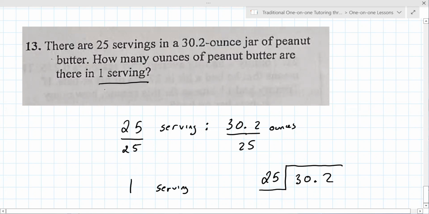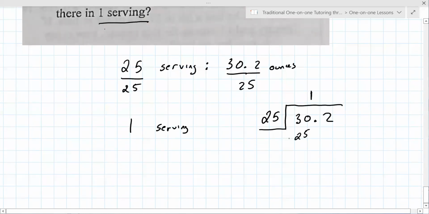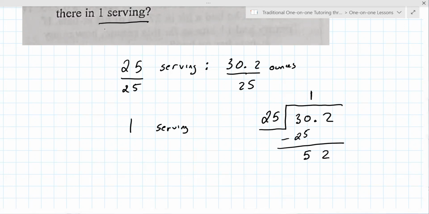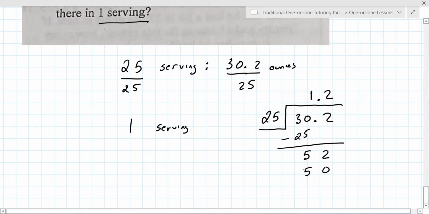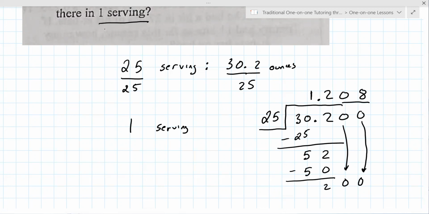So I hope your long division is solid. It is. So it goes in one time.